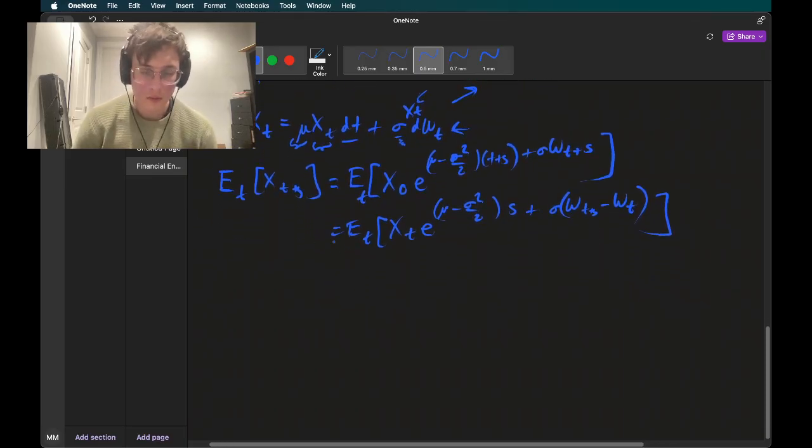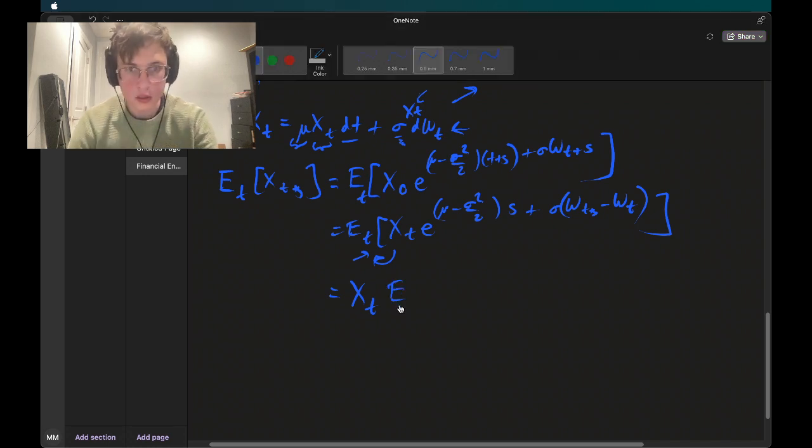If we are aware of all information up to time t, then this X_t just comes out. And so we just end up with X_t here, and then e to the expectation, let me just check.